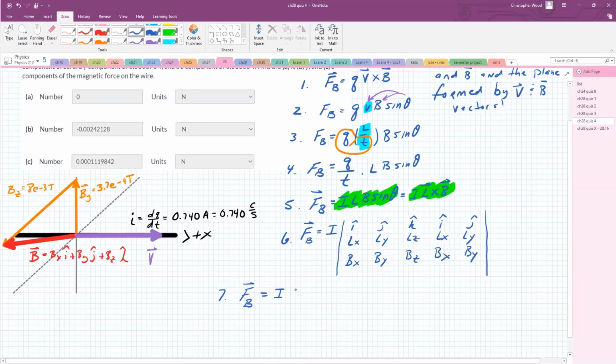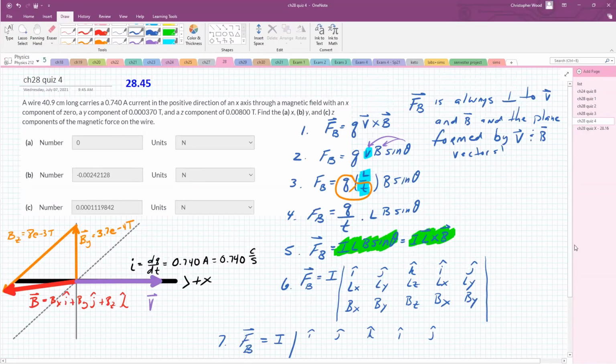So I times the current times i hat, j hat, k hat, i hat, j hat, Lx. What is L sub x? What does the L vector even mean? Sidebar conversation: this is the length vector. Because it's a vector, it has a magnitude and direction.